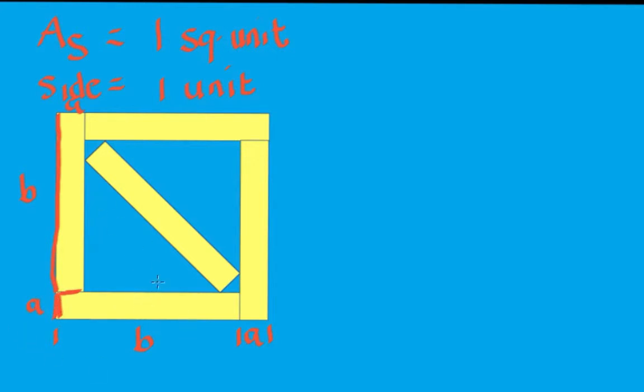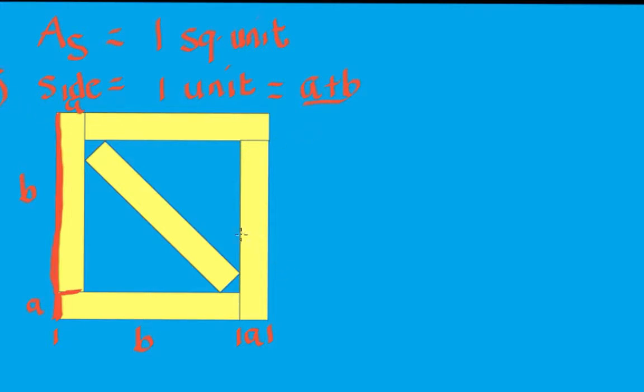So clearly from the figure, the side, which is equal to 1 unit, can also be represented as the sum of this length of the rectangle, which is b, plus this width of the other rectangle, which is a. Therefore, 1 unit is equal to a plus b. We're going to remember these values later on.